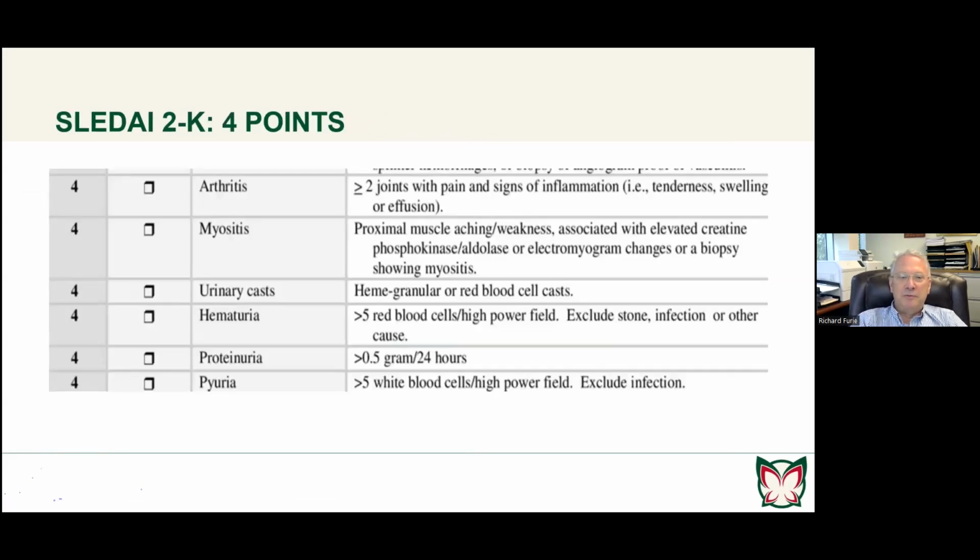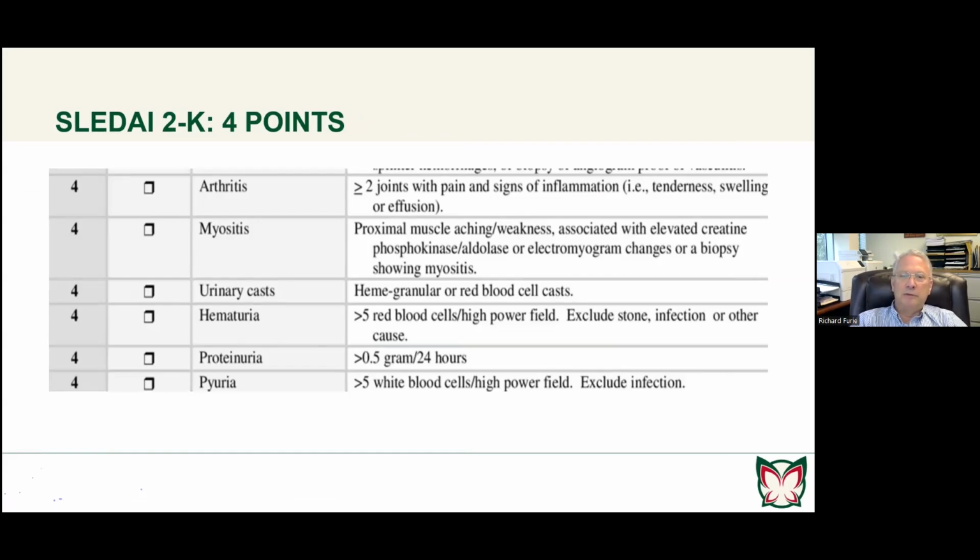Hurdle number two for a clinical trial is having enough disease activity. And I'm showing you SLEDAI 4-point categories. Generally, for our SLE trials, one has to either have a certain amount of BILAG activity or a certain amount of SLEDAI activity. And for SLEDAI, it's usually about 6 to 8 points at a minimum. And you can see for arthritis, that's worth a lot of points.